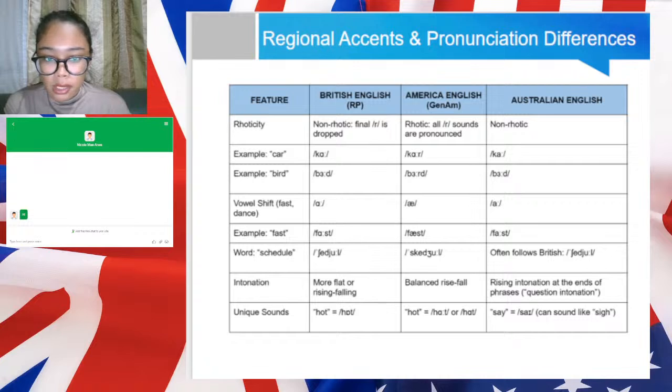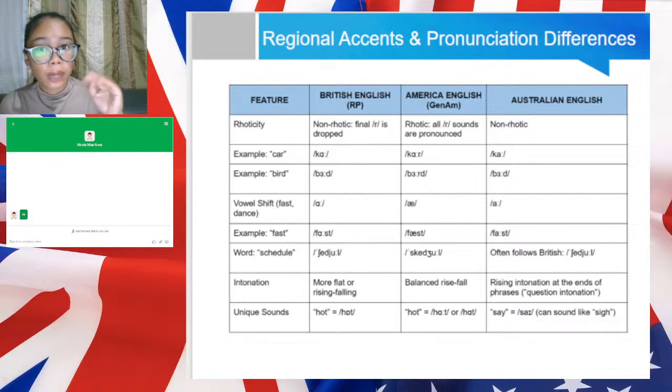Think about saying hello. A British speaker might have a slight rise, then fall. Hello. An American speaker might have a more even rise and fall.